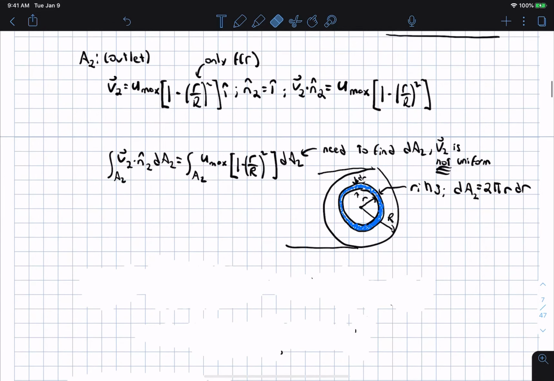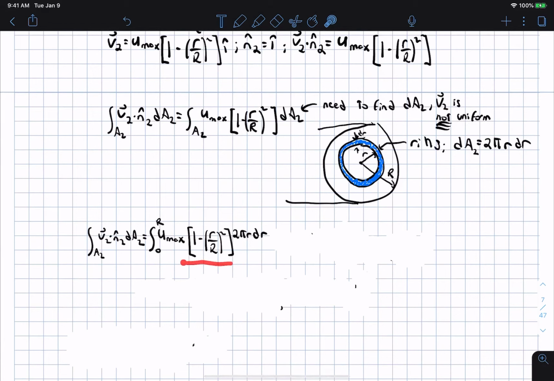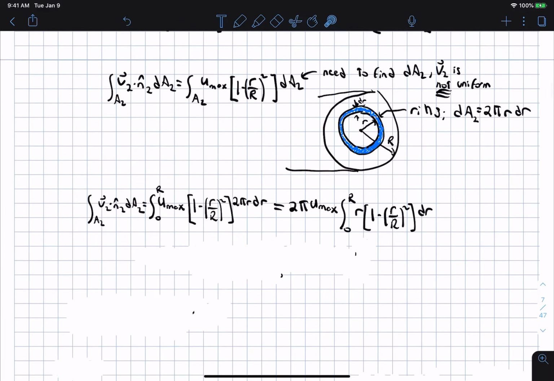Okay, so now we know dA2, and we substitute that in. So this means that the integral of v2 dot n hat 2 dA2 is equal to the integral over the area of this function here, which is the integral from 0 to R of 2 pi r dr. And we pull out what's constant, that's just the 2 pi and the u max. And we need to integrate this function here.